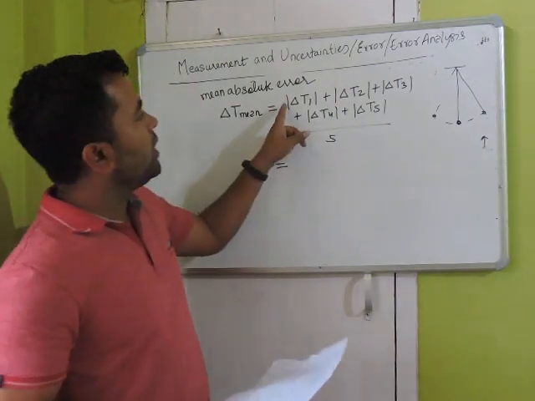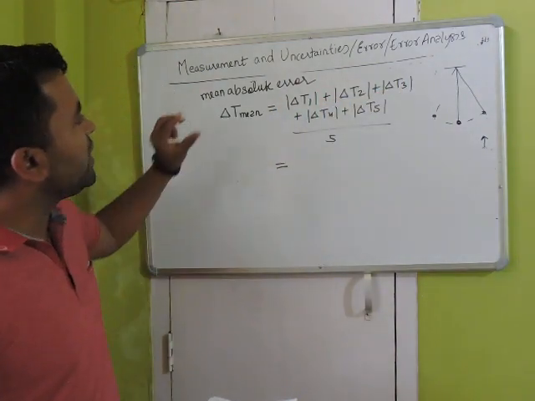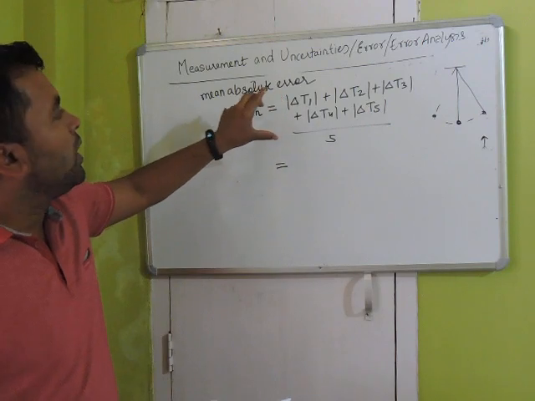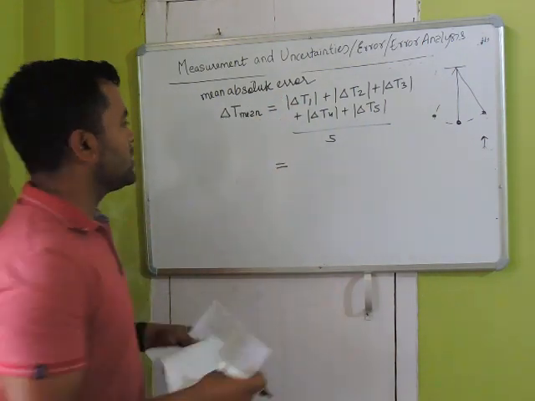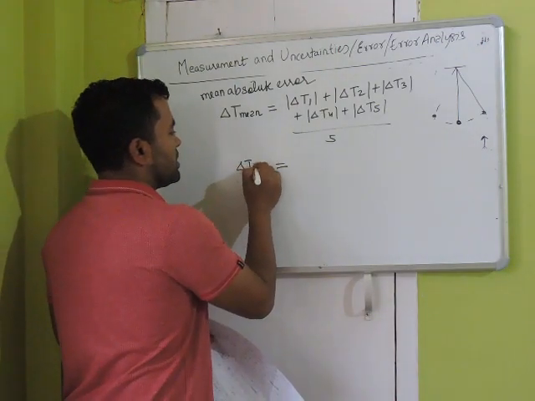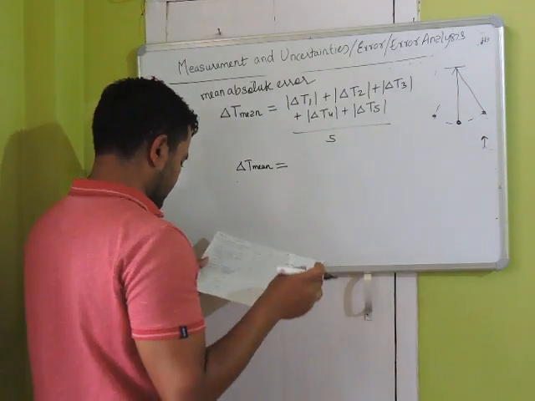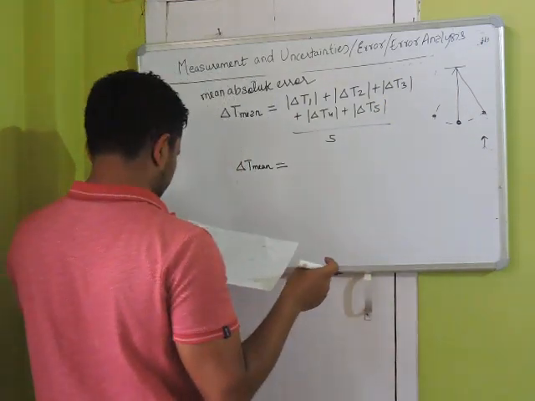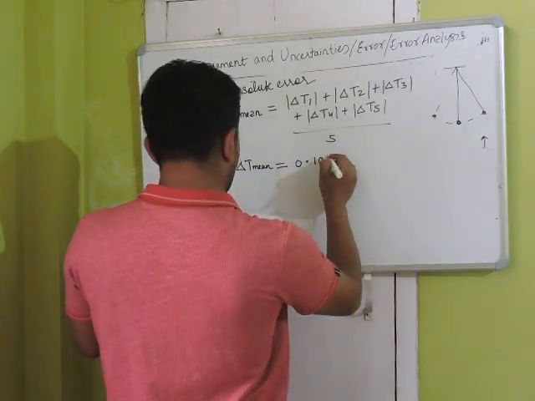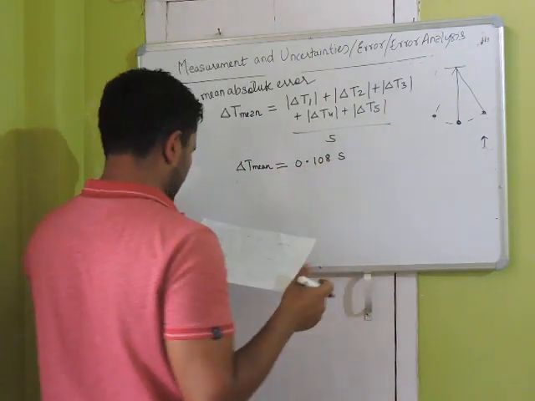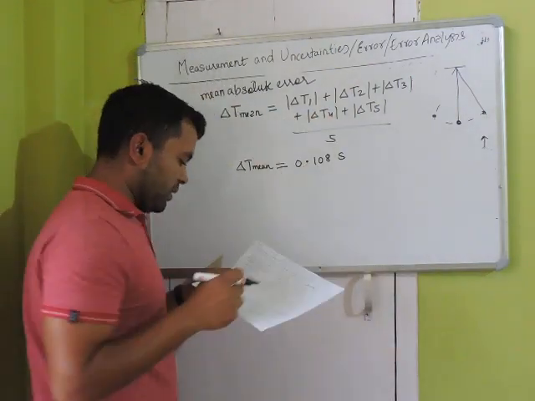These two lines represent that these numbers are all positive. So when we calculate mean absolute error, we make every absolute error positive and then calculate. In our case, delta t mean comes out to be 0.108 second.